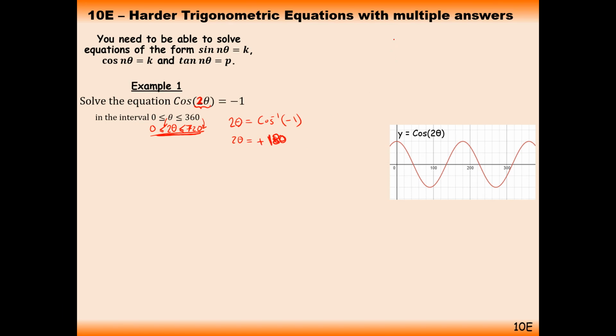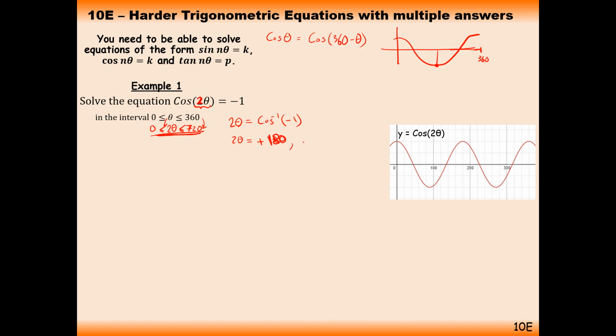This is the only answer that doesn't have an alternate value, because it's right at the minimum. So using the identity of cos theta equals cos of 360 minus theta doesn't quite help us, but that's not the point.